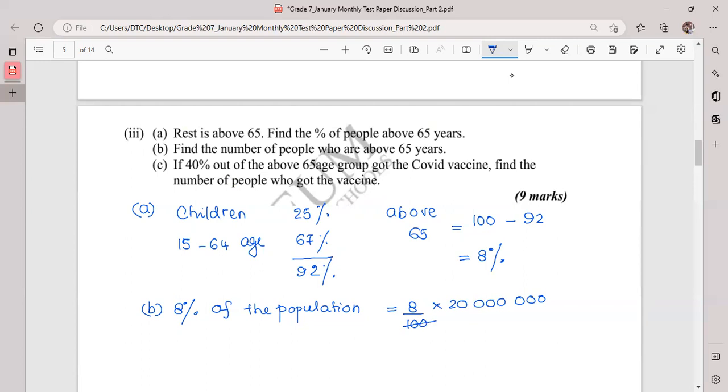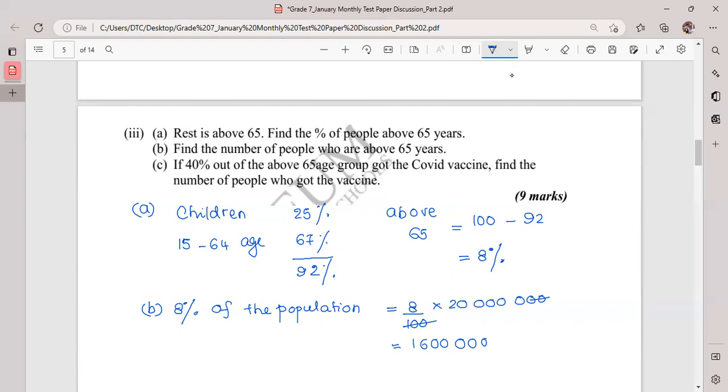You can simplify 2 zeros. Then when you multiply 200,000 by 8, what will be the answer? It is 1.6 million, or 1,600,000.